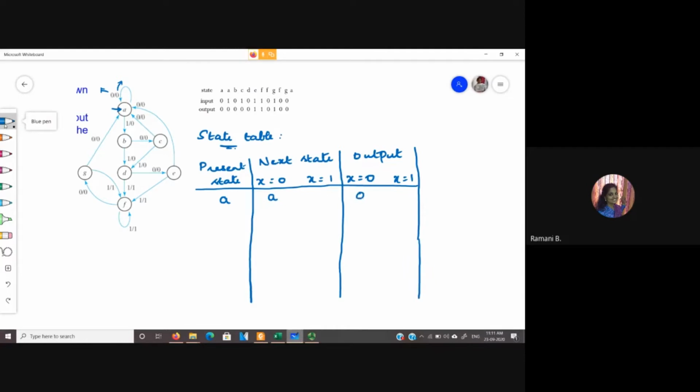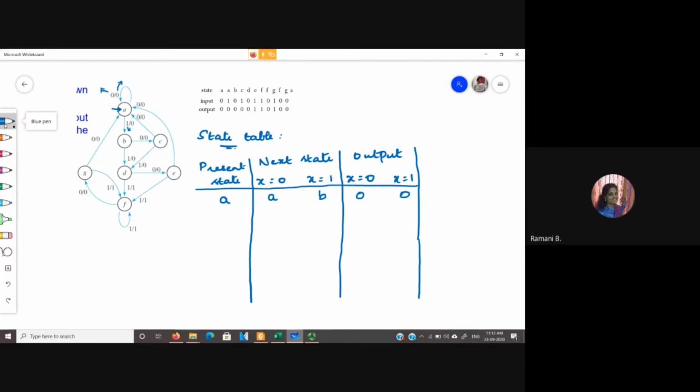Then from A we have another arrow showing 1/0. The first one is the input, so for input 1, I am moving to a new state B. I write B over here and the output value is 0. Do you understand how I am writing this? Yes, ma'am. The same way we are going to write for all these states.